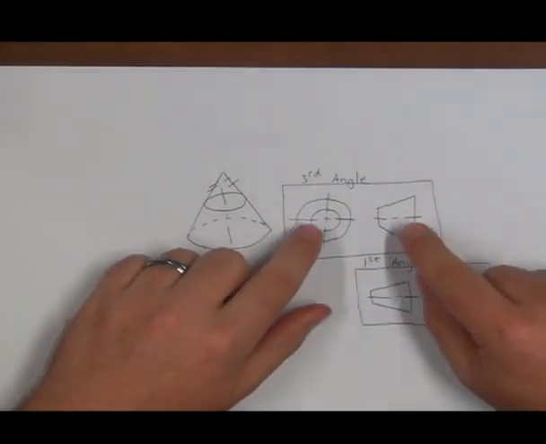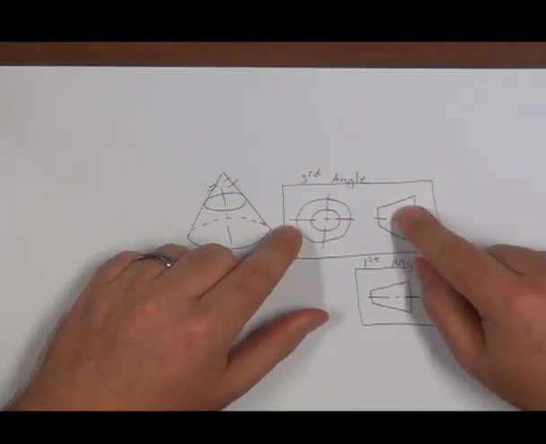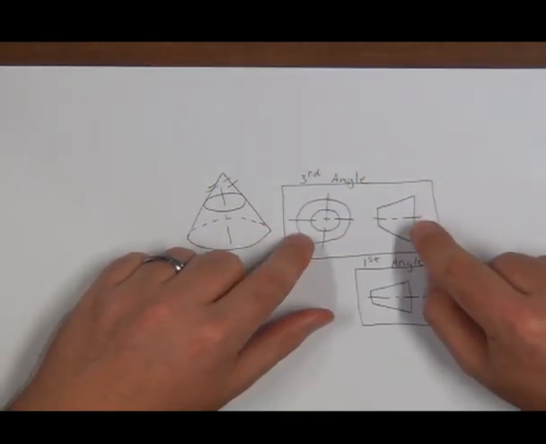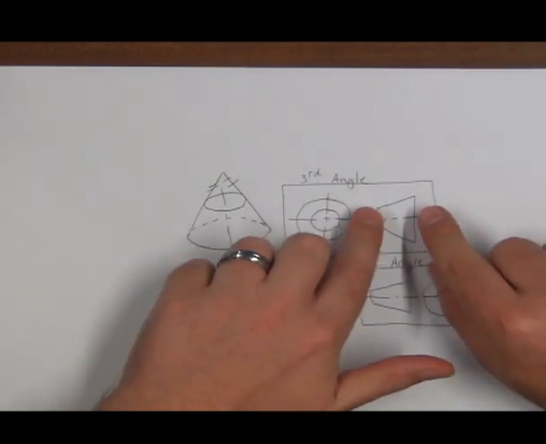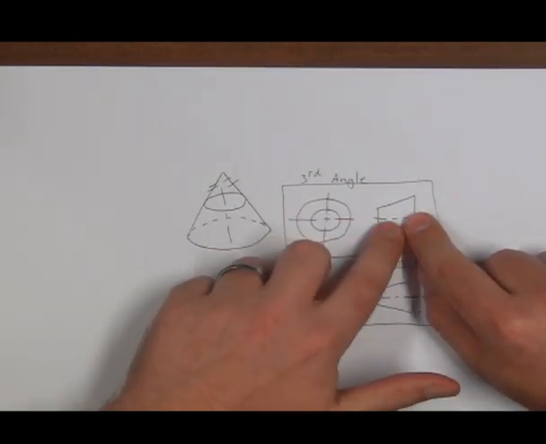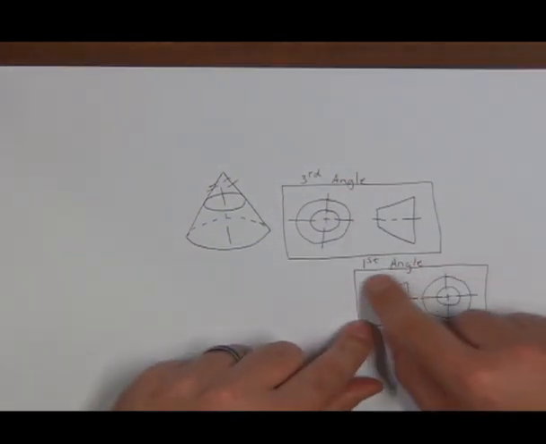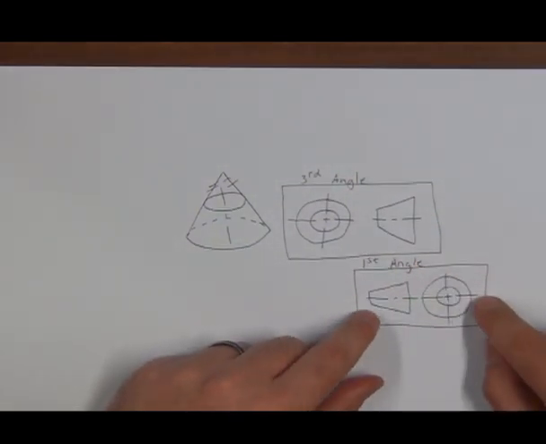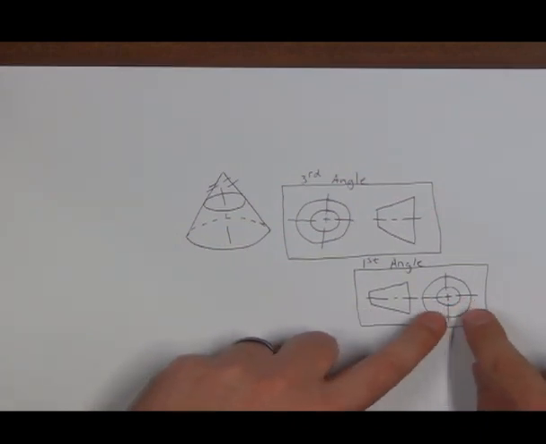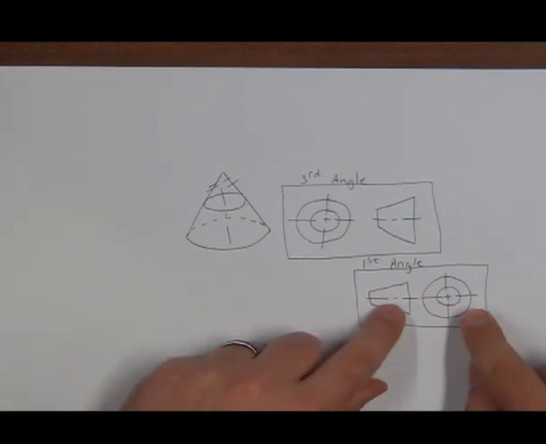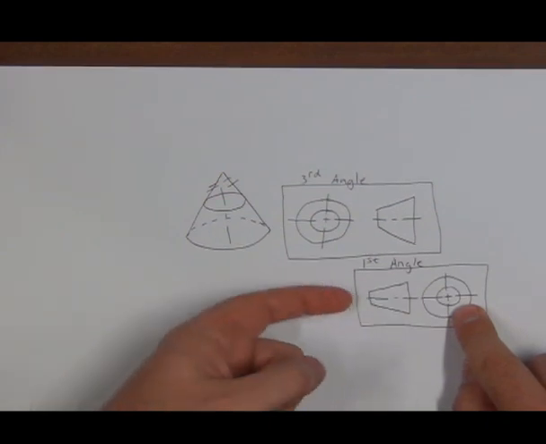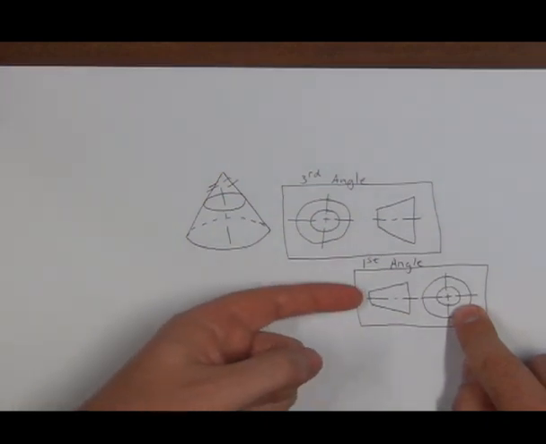If you put this symbol in your title block, then the person reading the drawing knows any view to the left of another view would be a left view. If I place this symbol in the title block, the person knows any view on the right of another view would be what that view looks like if I view it from the left hand side.